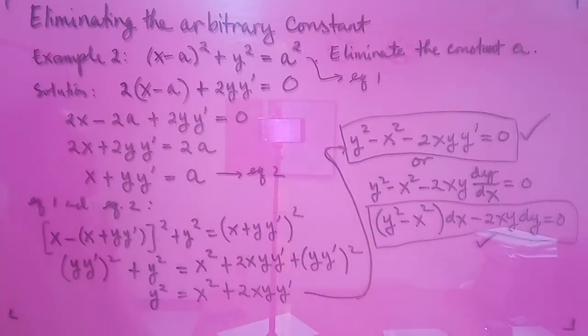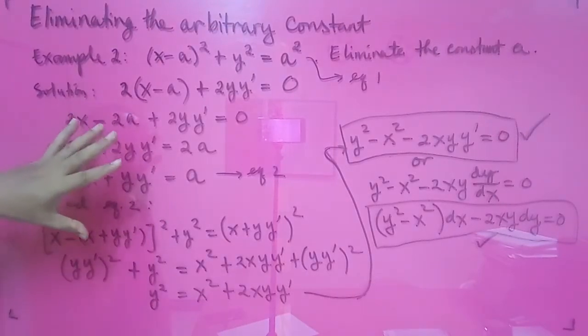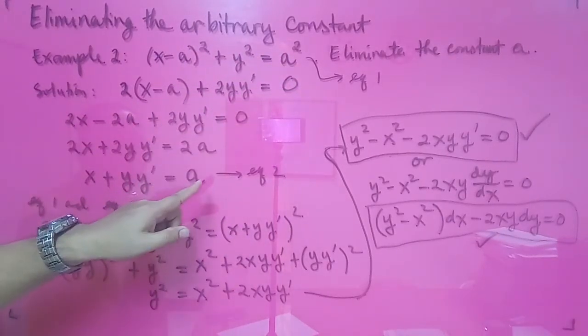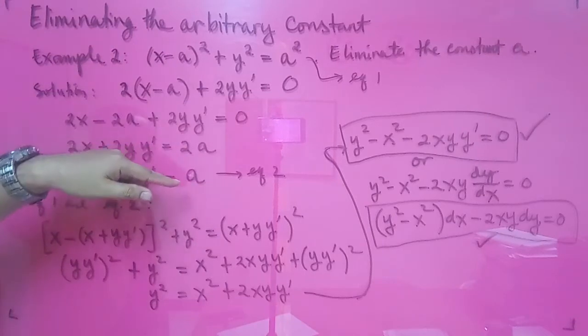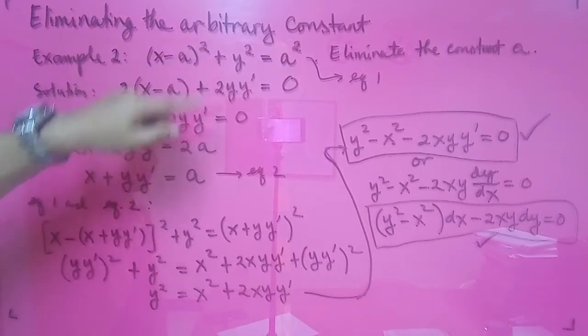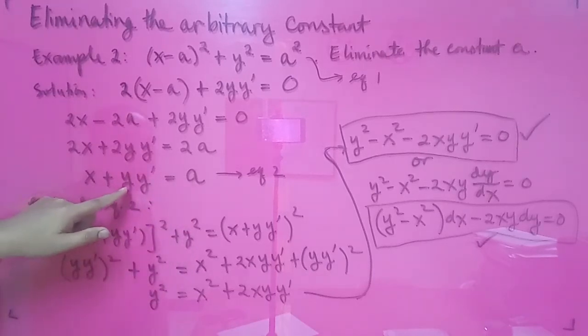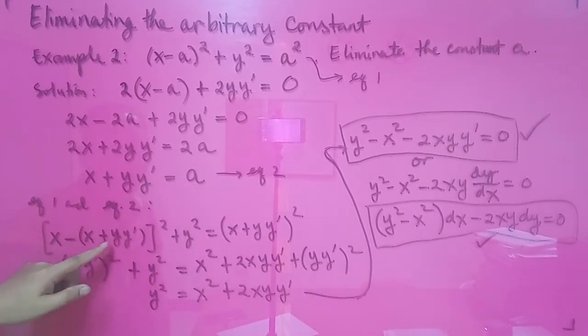Okay, so that is our example 2 for eliminating the arbitrary constant. For this example, we combine equation 1 and equation 2, and for its combination, we use the substitution method. We substitute the value of a as x plus y y'.